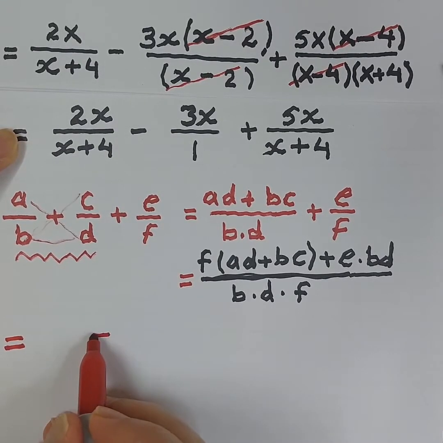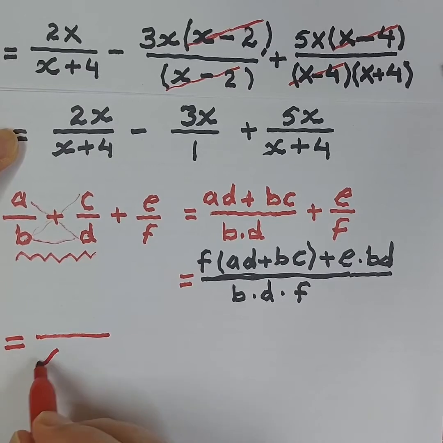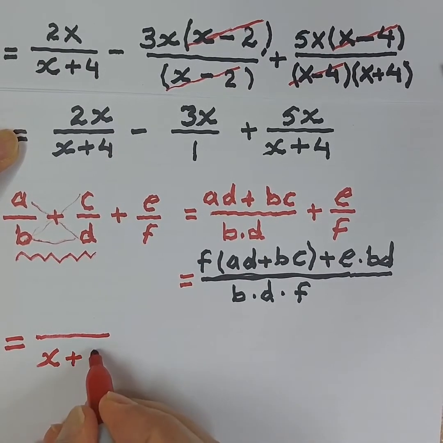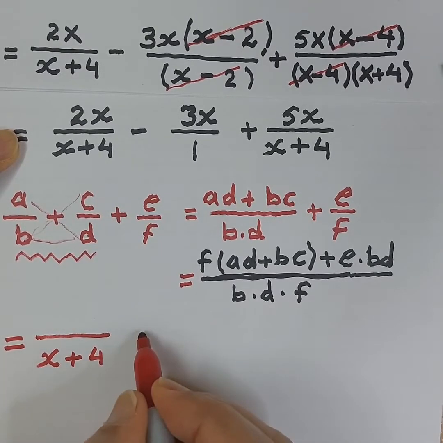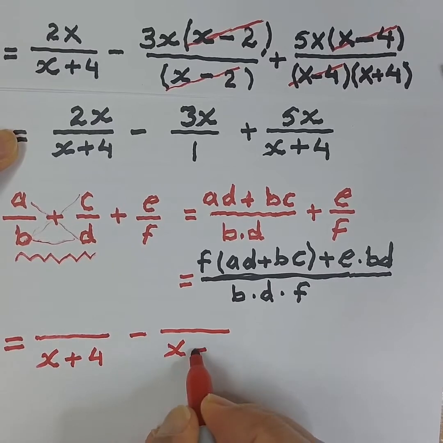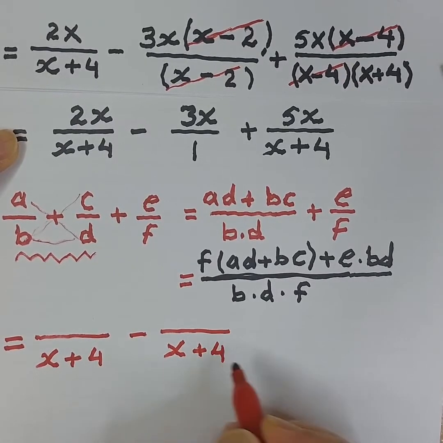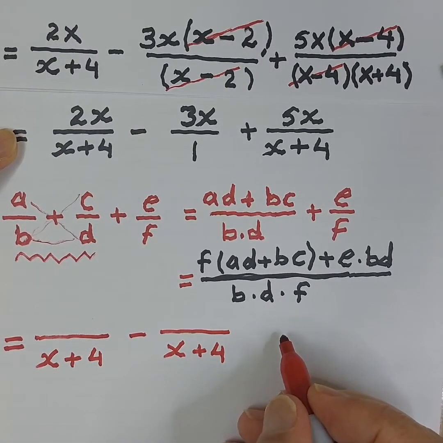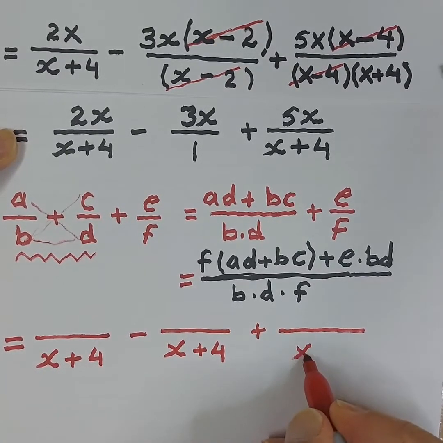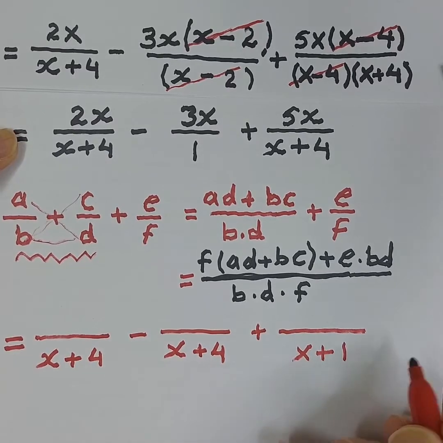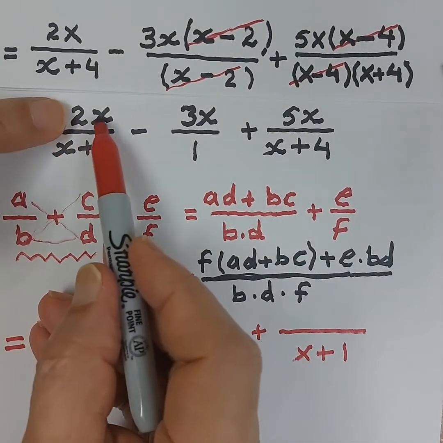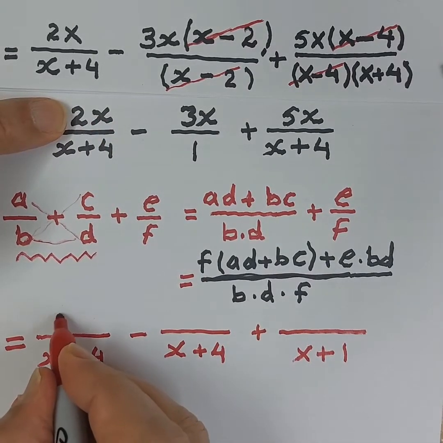You see the greatest common factor is x plus 4, so we can just make the denominators x plus 4 for all the quantities. This denominator is the same, so this will be written here, same.